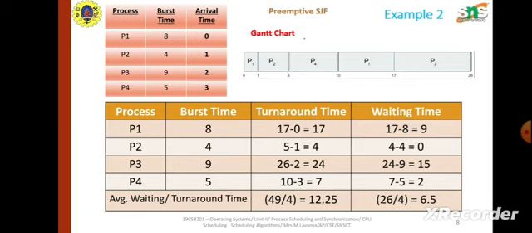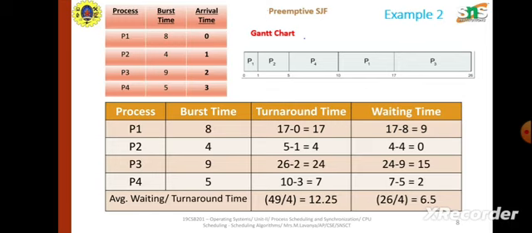P1 starts at 10 millisecond and 10 plus 7 equal to 17. 17 is the completion time of process P1. Next, finally, the process P3 is having 9 millisecond is in the queue. It is getting allocated for its execution. P3 starts at 17 millisecond plus its burst time 9 equal to 26 is the completion time of process P3.